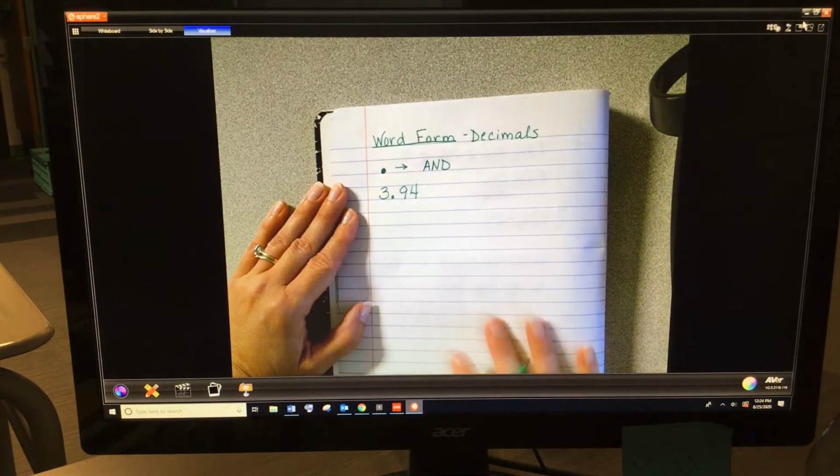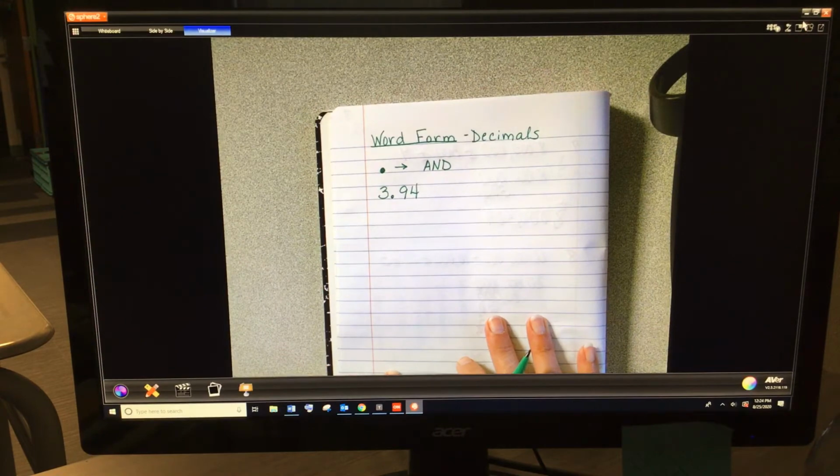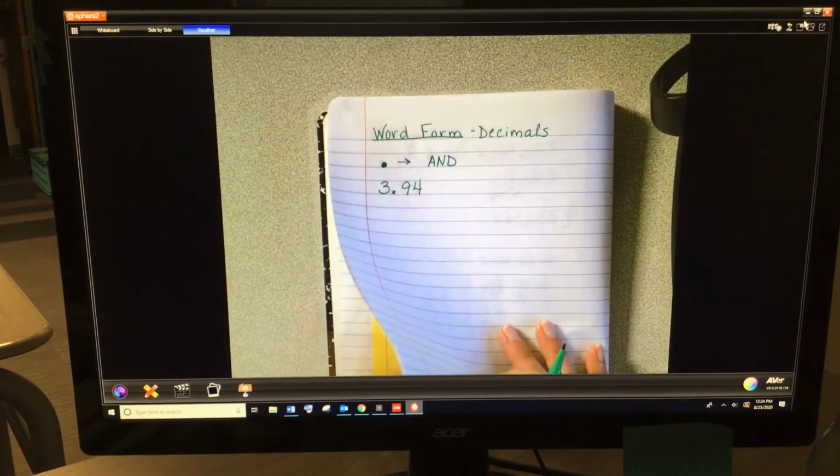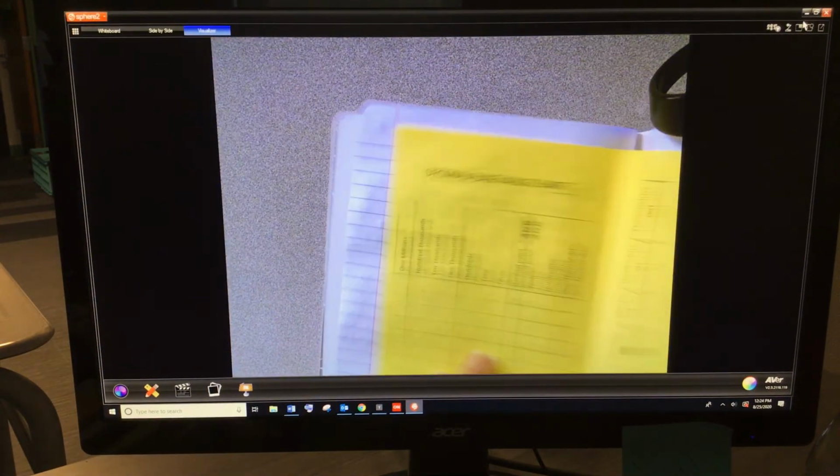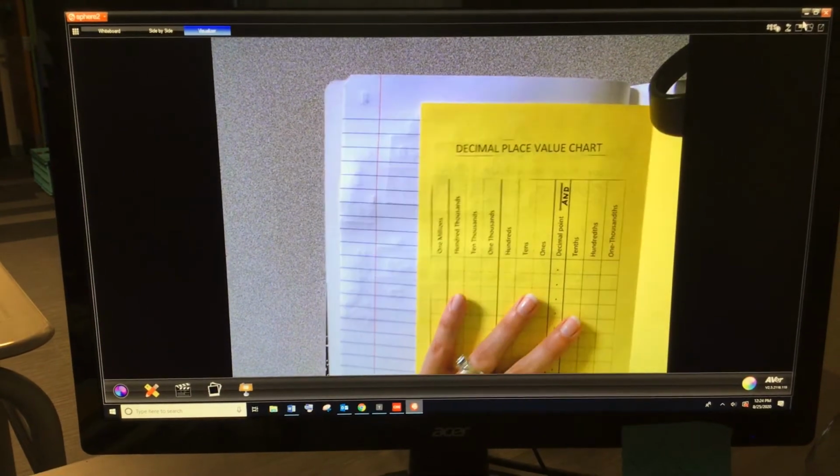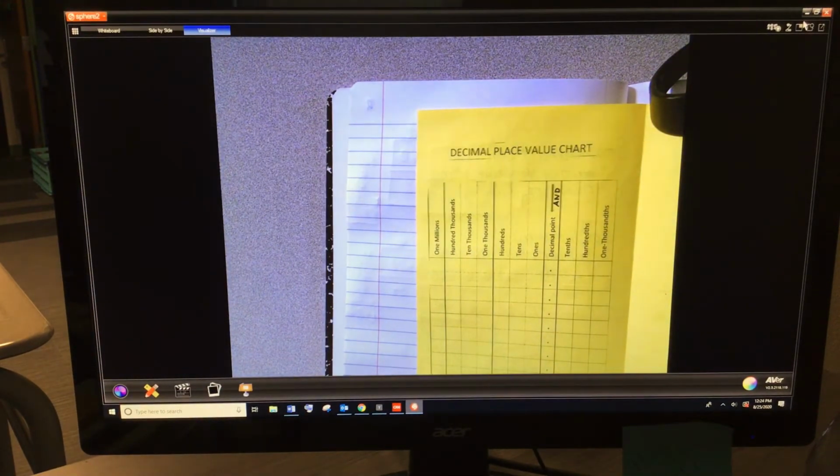So we're going to work on taking a decimal and writing it in words. This is where, if we get confused about our place value, we can use our chart and put numbers in our chart. My advice to you is if you're using this chart, use a pencil so that you can erase anything in case you don't want to keep it forever.